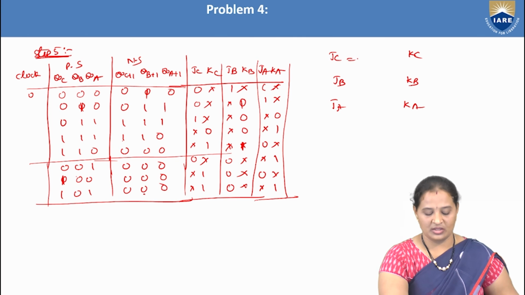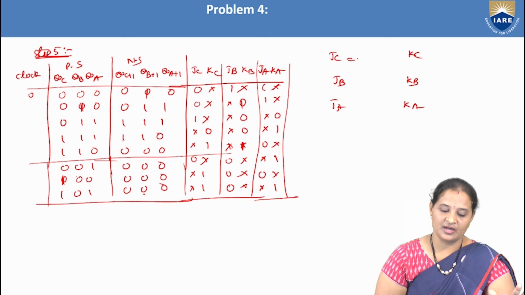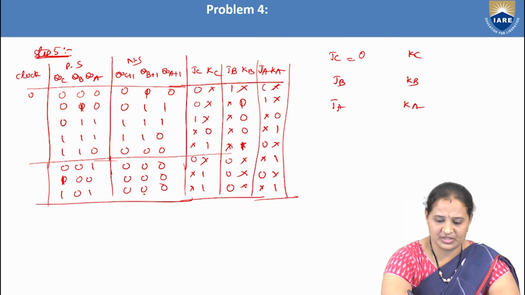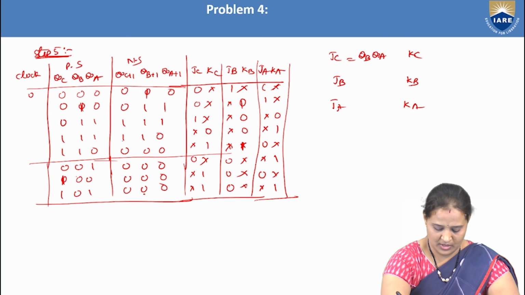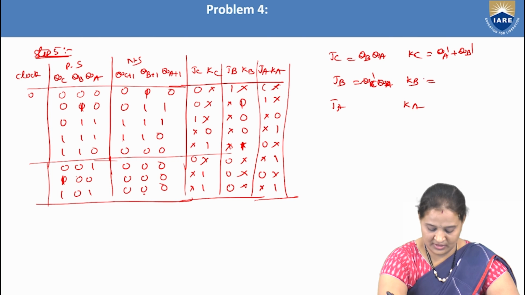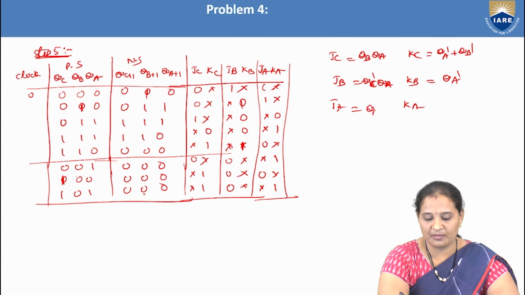If you draw the K maps and write down the equations, you will get JC is QB QA, and KC is QA complement plus QB complement, and similarly JB is QC complement QA, and KB is equal to QA complement, and JA is equal to QB complement, QC complement, and KA is equal to QC.